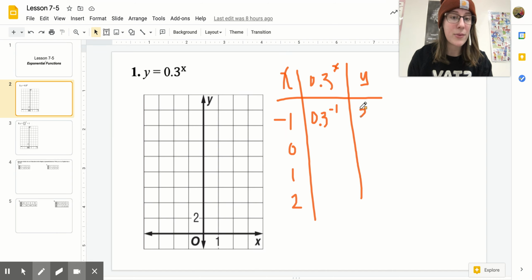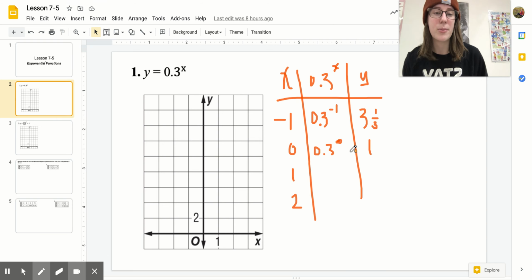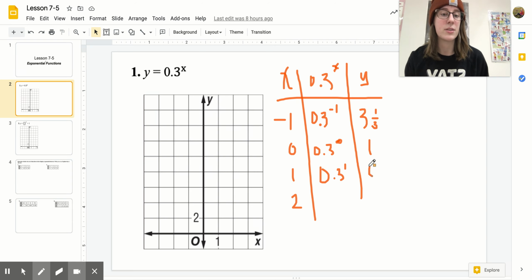So you'll have 3.3333 or 3 1/3. 0.333 repeating is 1/3, either way. Then you're going to check out 0.3 to the power 0. Anything to the power 0 is 1, so we know that this is going to be 1. That's why I like the 0. Then 0.3 to the power 1, which is just 0.3.